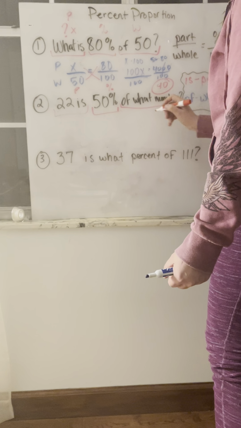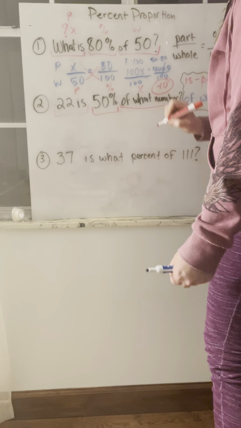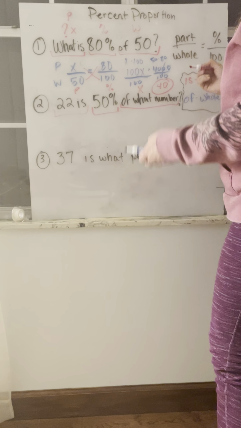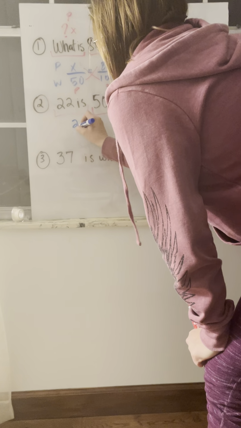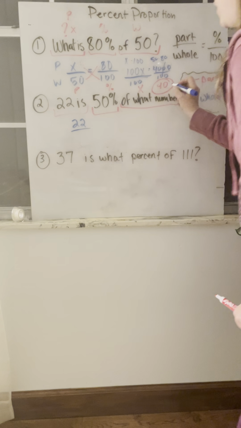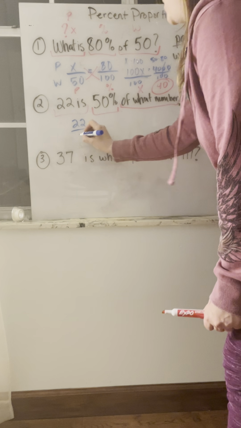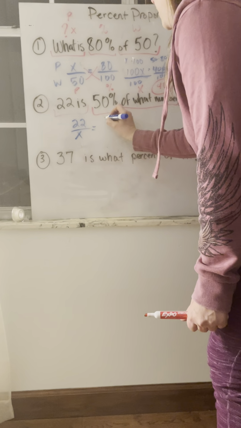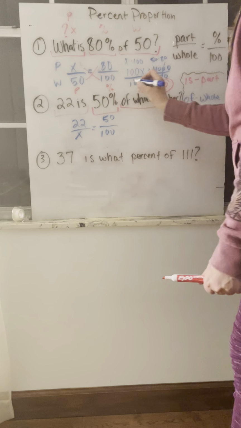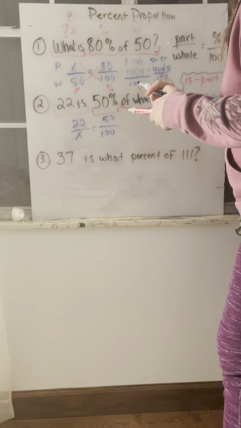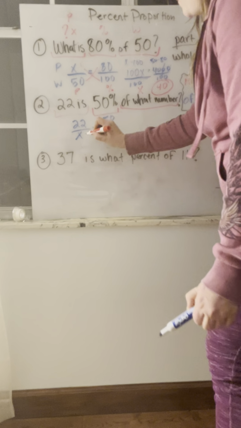We don't have that, so that's going to be our x. So our whole is x here, so now we can set it up. 22 goes over our whole, x, equals 50 over 100. It's 50%. Now we can cross multiply and divide.